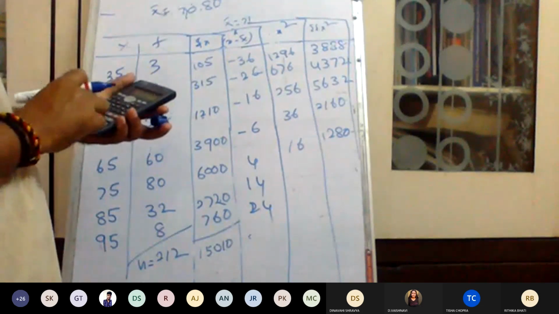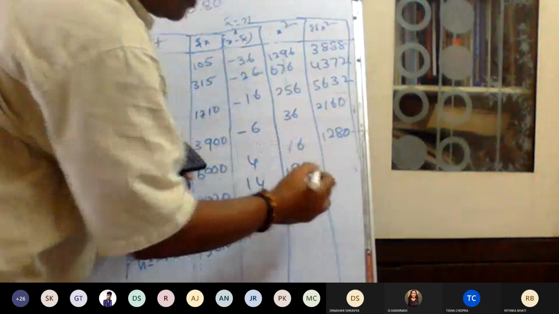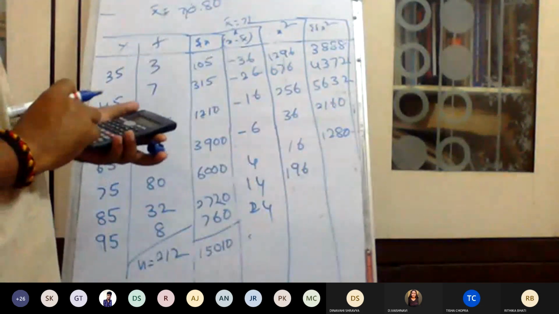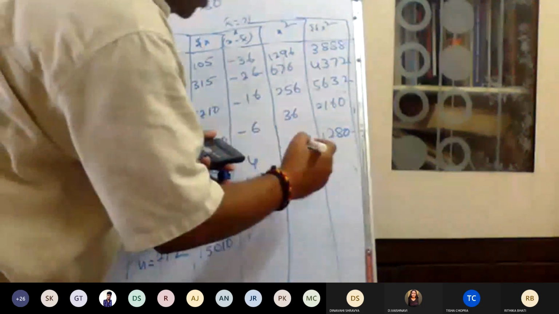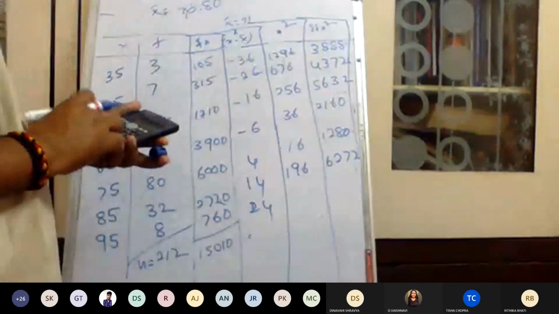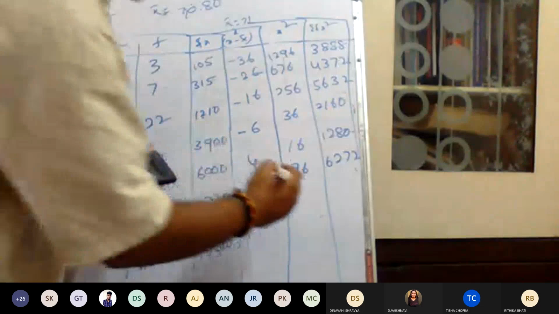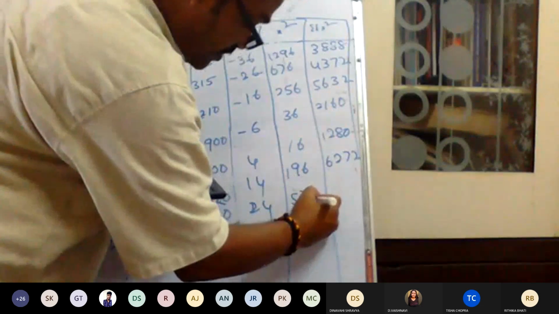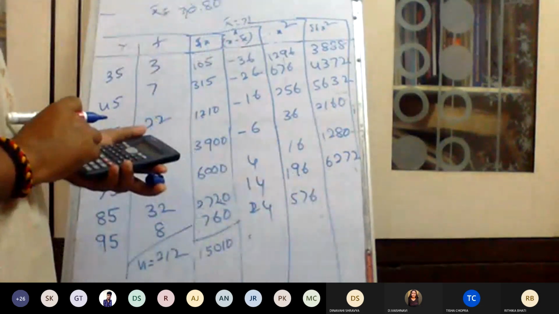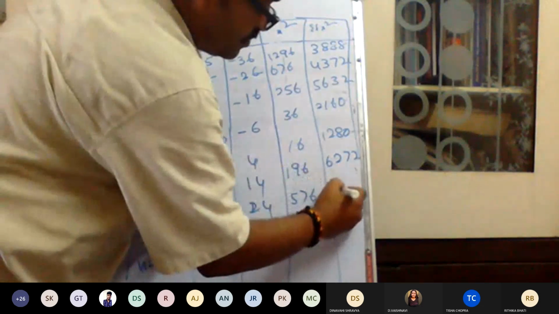Next, 14 into 14 is 196, into 32 is 6272. 24 into 24 is 576, into 8 is 4608.